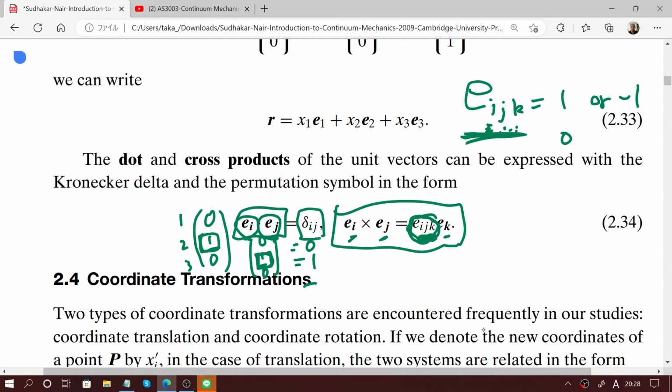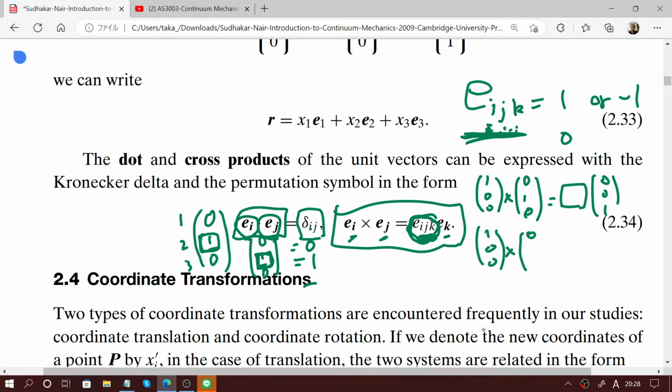So this can be like this: 1, 0, 0 times 0, 1, 0. Then there is some factor, then you have 0, 0, 1. Or this has to be different: 1, 0, 0 times 0, 0, 1.